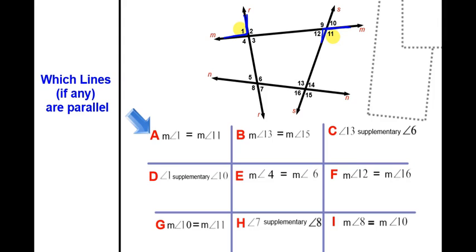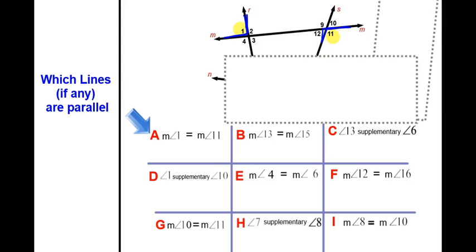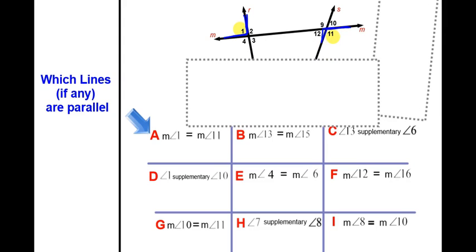Now the one thing that's a little confusing here is we have lots of picture here, and so my suggestion is to cover up part of the picture that doesn't have anything highlighted or colored, and that helps us show that line M is the transversal, and angles 1 and 11 then are alternate exterior angles. Notice that they are outside of these lines right here. One is above and one is below.